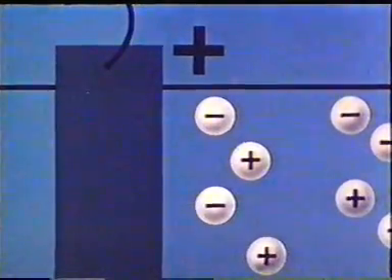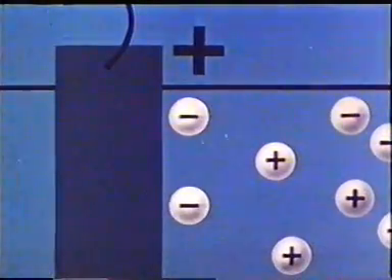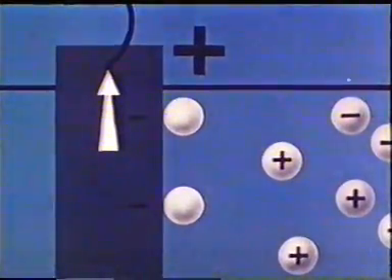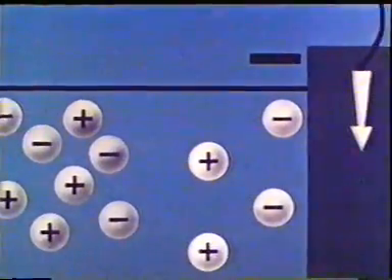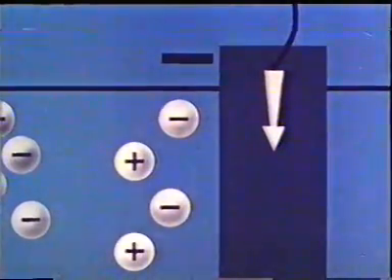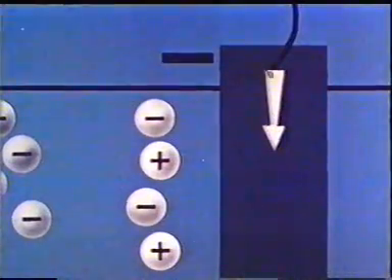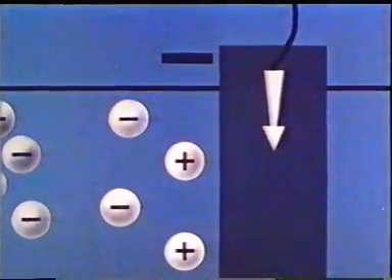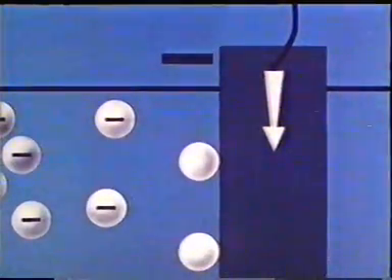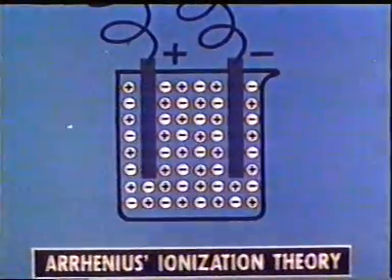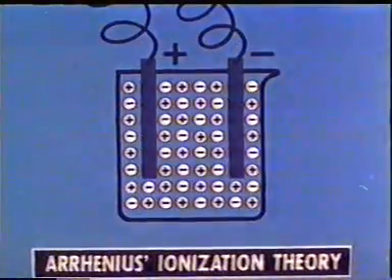Negative ions will be attracted to it and will give up their electrons. At the same time, negative ions are being repelled from the negative electrode, and positive ions are being attracted to it. The Arrhenius theory offered one explanation for the behavior of electrolytes: acids, bases, and salts.